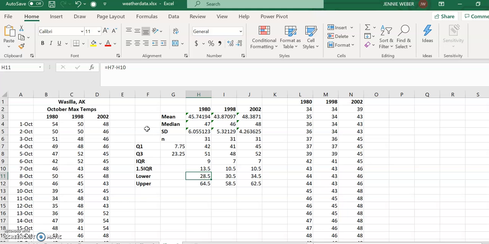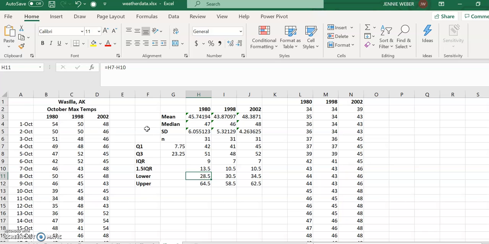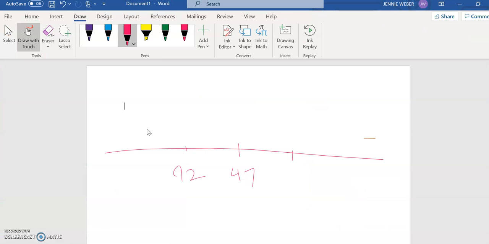My quartiles are 42 and 51. So this is my box, okay? And that middle, that is the median, okay?